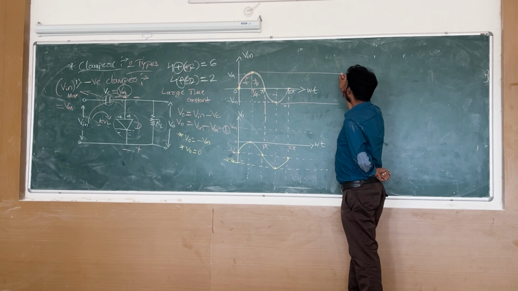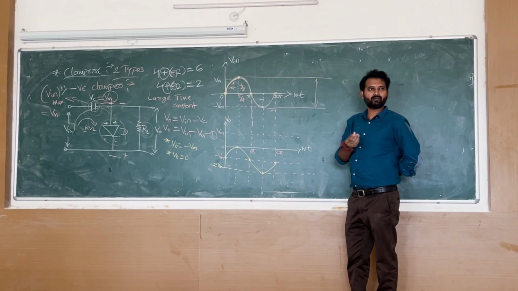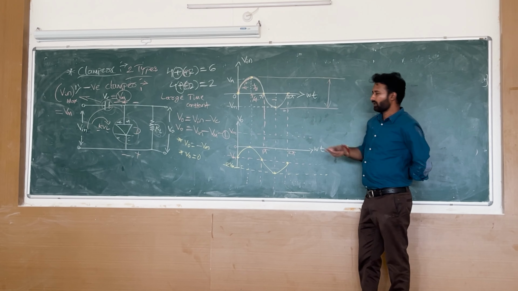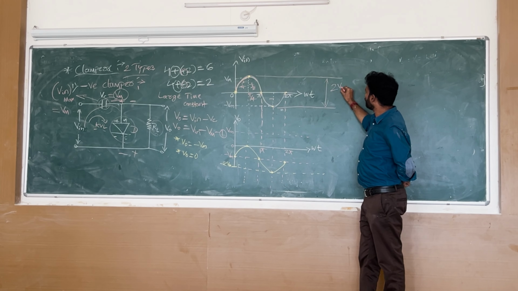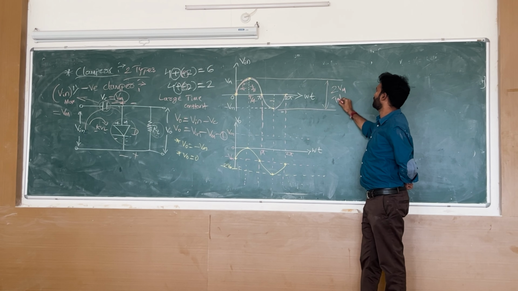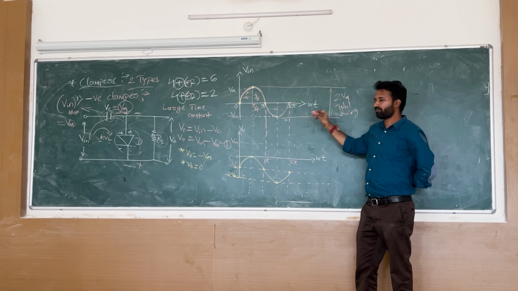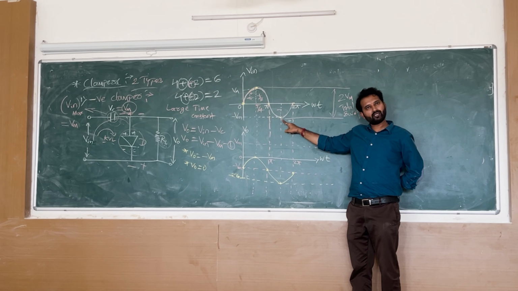How will you measure peak to peak voltage? I have done BW lab. What do you mean by peak to peak voltage? This is nothing but peak to peak voltage, that is 2 Vm total swing. Focus here. This is my positive peak. This is my negative.